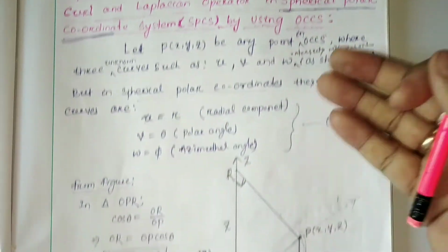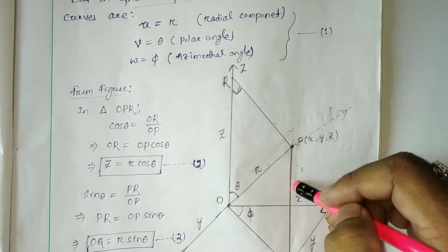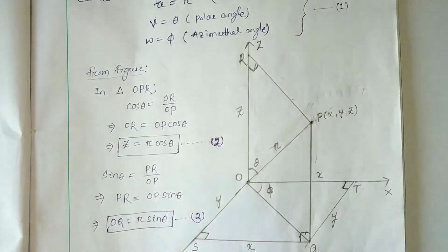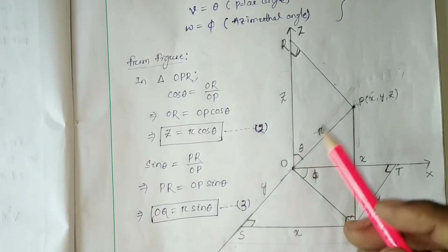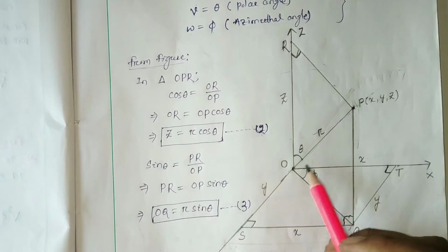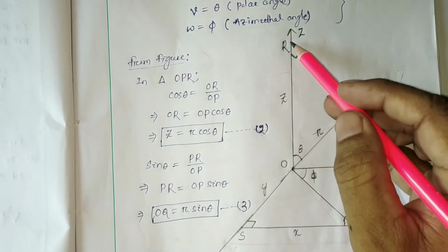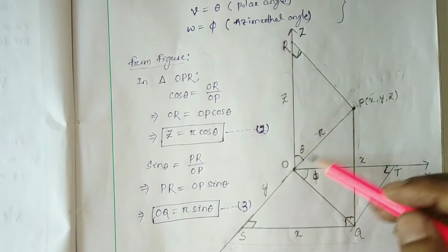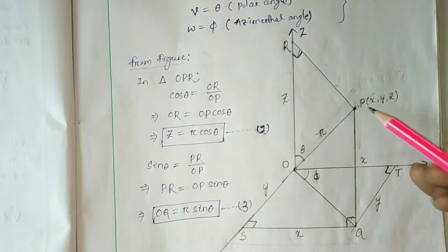I have given the link in this video. You can go through that video thoroughly. But you have to draw this figure clearly. So from this triangle OPR, cos theta is nothing but OR, this is the base, sorry, OR by OP.